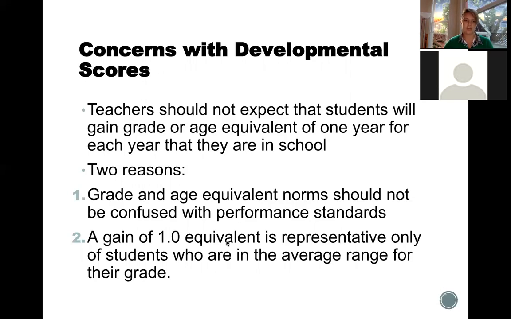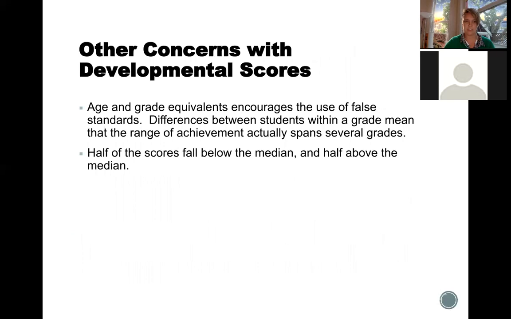So it should not influence, oh, it looks like they scored this year on the evaluation at a grade level equivalent of 2.8, so we make their goal to be grade 3.8 the next year. It won't necessarily line up. And so that's why you need your curriculum-based measures as well.